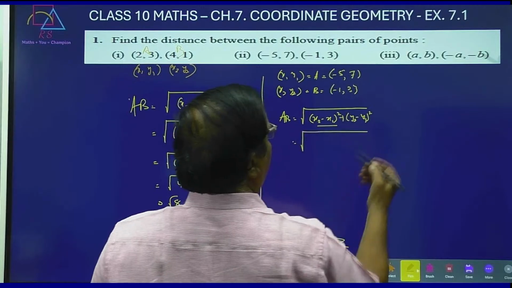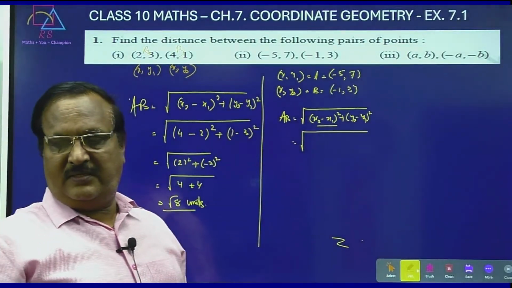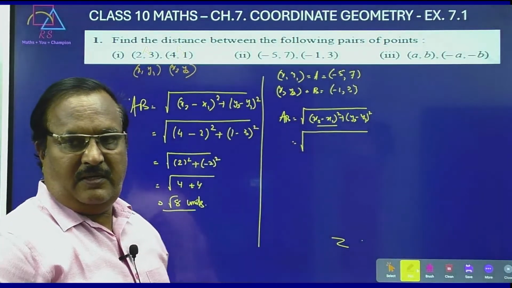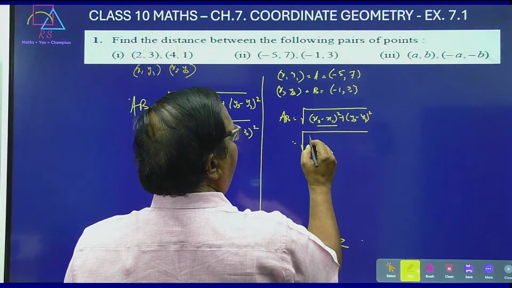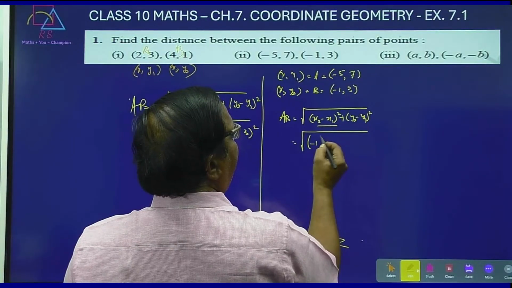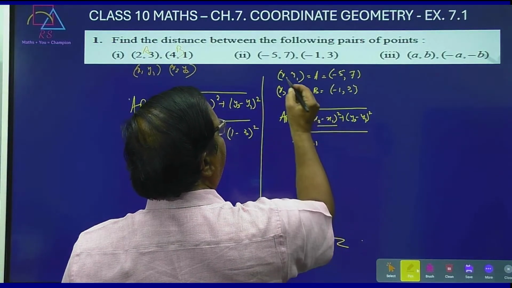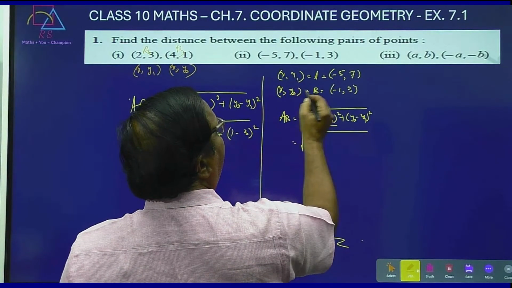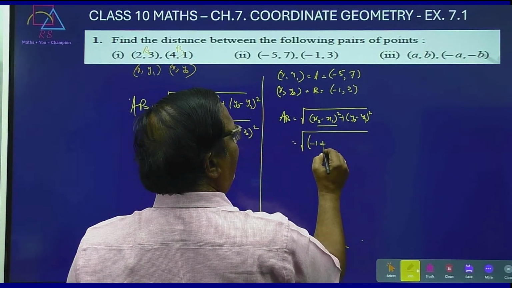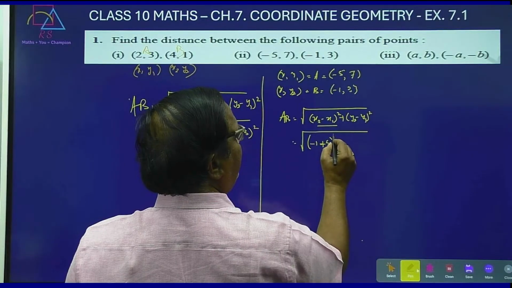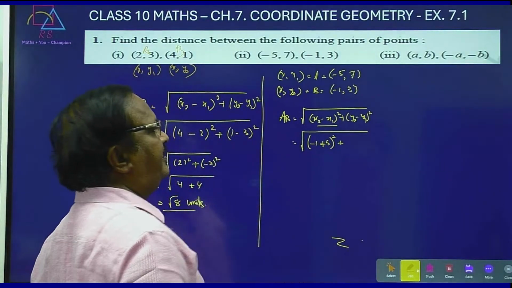So now put the values. x2 is minus 1, x1 is minus 5. Minus of minus 5 will become plus 5. You have to be careful at this point.